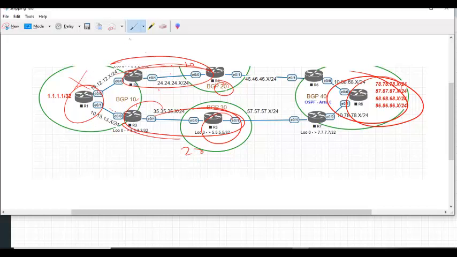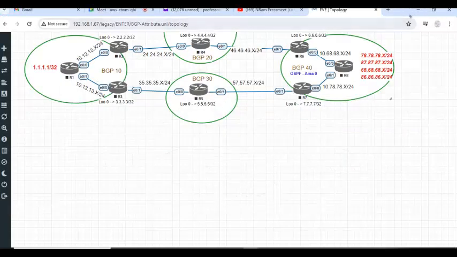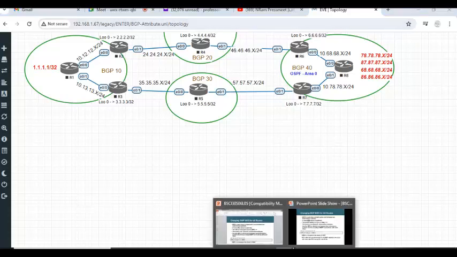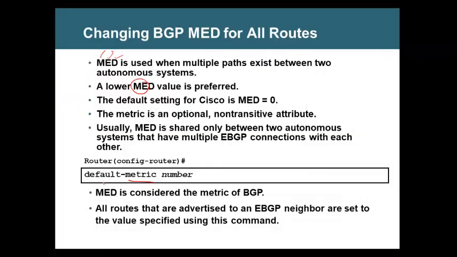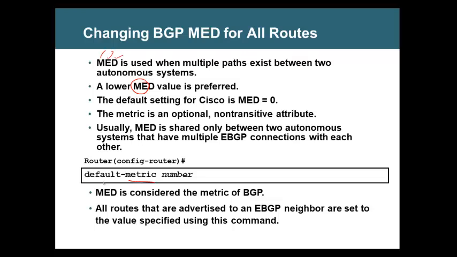So, you need different topology. Like what? Like what you see in this presentation. Like this. You see, two connections are connected to the same autonomous system from this autonomous system. Now, let's go back and read this, then we'll go there.